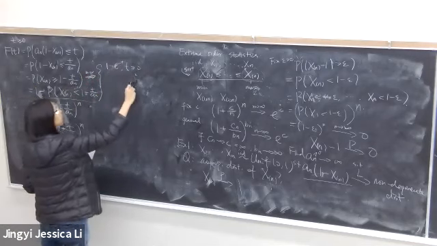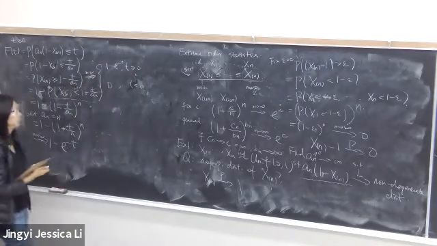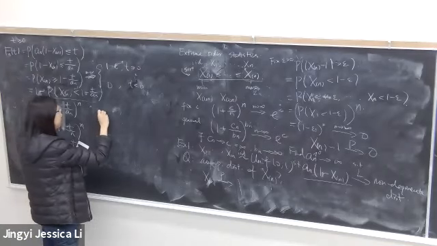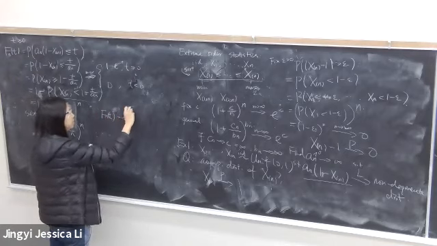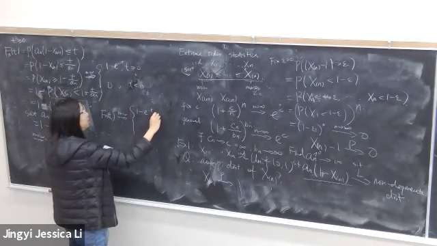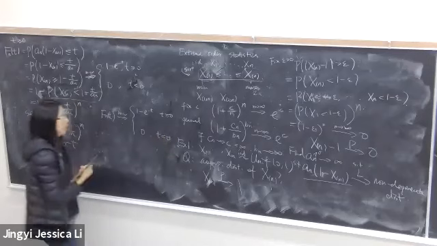But if t is negative, it means that this part is greater than 1, and I will get 0. So to be exact, this F_n(t), I have the n for the CDF, but as n goes to infinity, n goes away. So F_n(t) converges to 1 minus exponential negative t for non-negative t, and 0 for negative t.